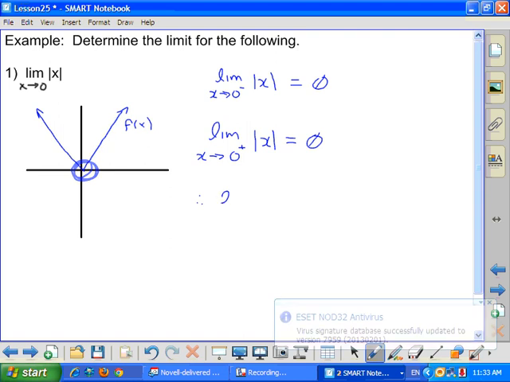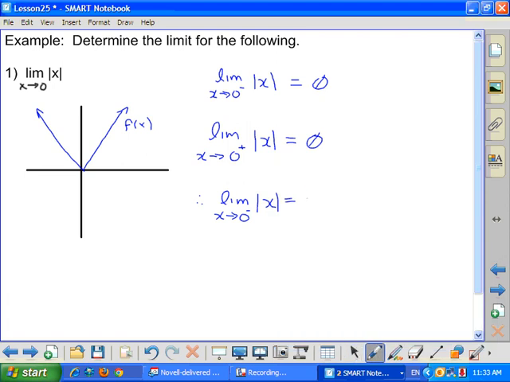Therefore, the limit as x approaches 0 from the negative side of the absolute value of x is equal to the limit as x approaches 0 from the positive side of the absolute value of x. So that tells me my final answer: the limit as x approaches 0 of the absolute value of x is 0. Okay? So our function would be continuous.